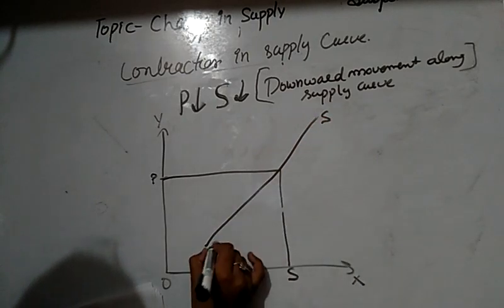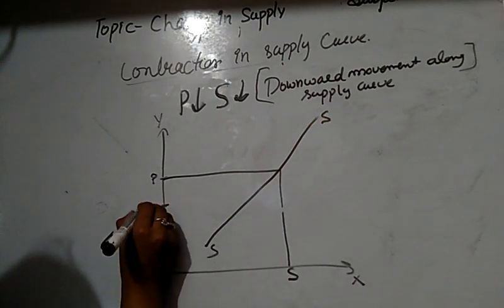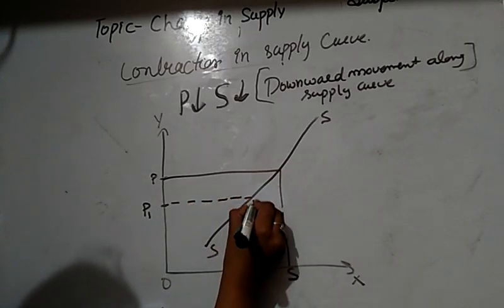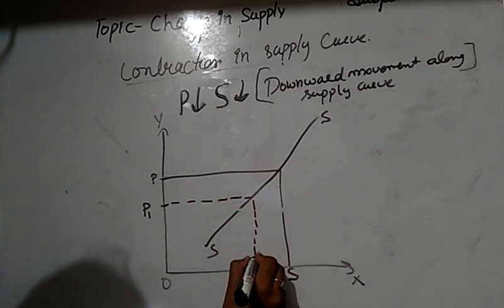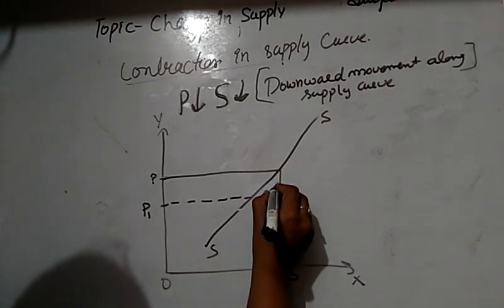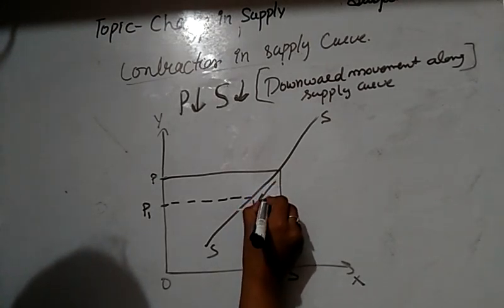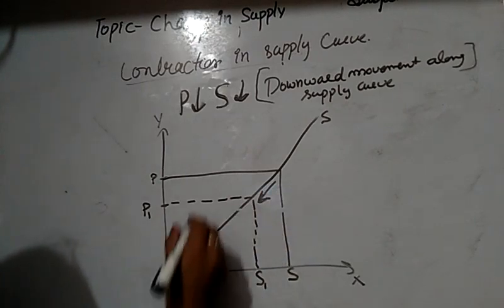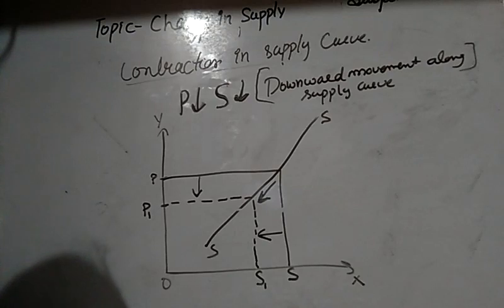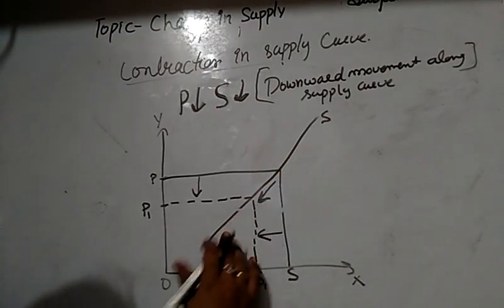When price decreases to P1, supply also decreases. This downward movement due to decrease in price and quantity is called downward movement along supply curve.